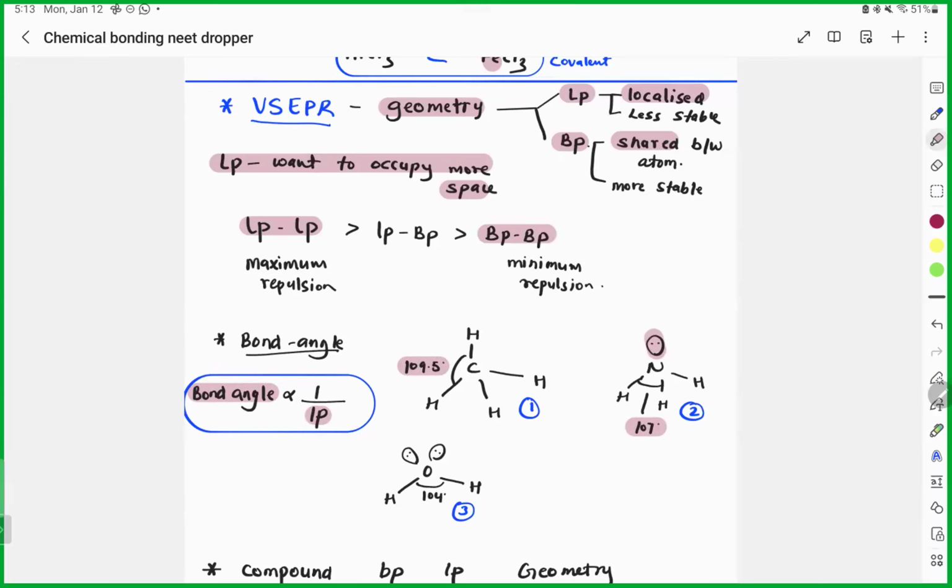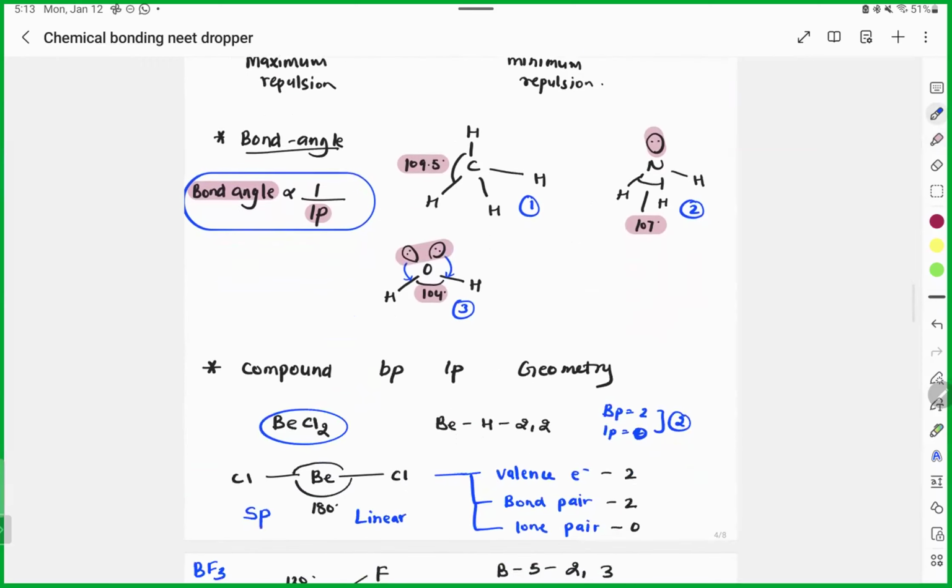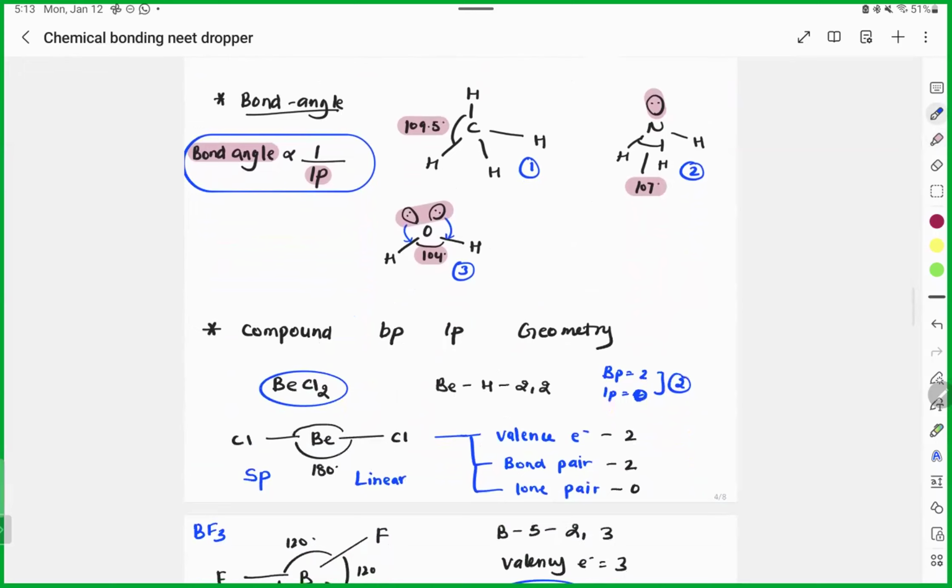Lone pair repulsion will be more and bond angle will reduce. Now, if you have two lone pairs, bond angle will be the minimum. Reason? Because this lone pair will try to come to this side, this lone pair will try to come to this side, because they are repelling each other and they will reduce the angle. Make sense?